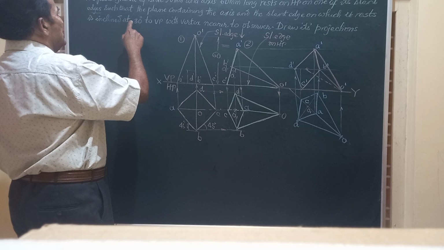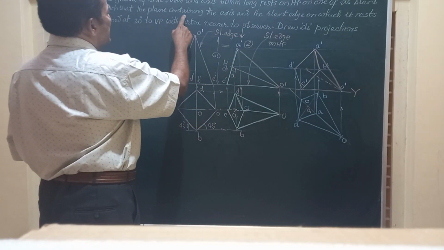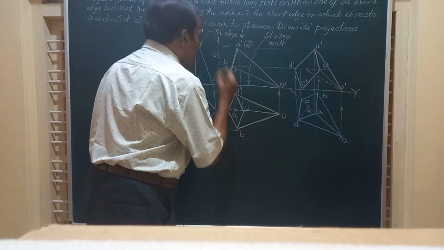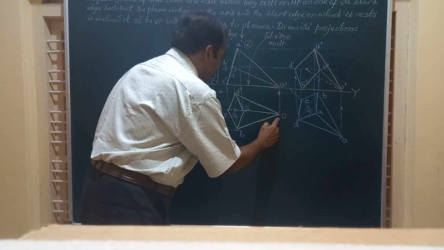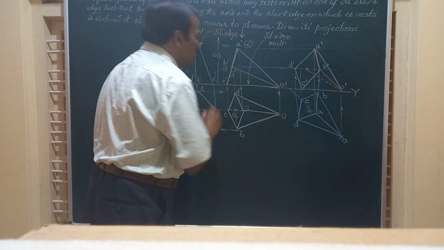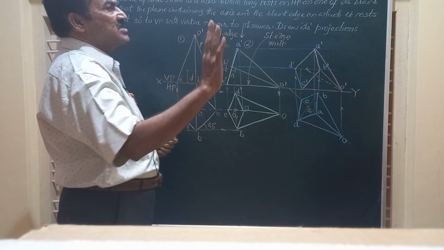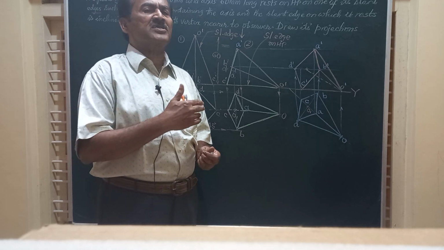Next it says, one of the slant edges such that the plane containing the axis O O1 and the slant edge on which it rests, slant edge OC on which it is resting, is inclined at 30 degrees to VP. Friends, here is a very interesting point.